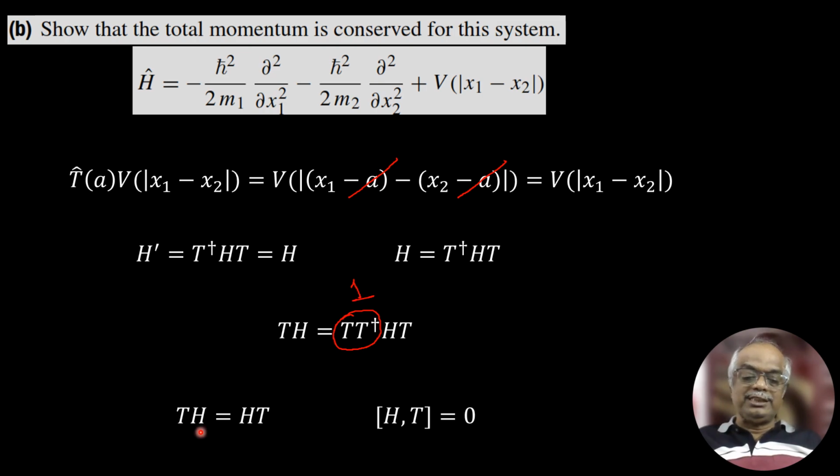So T H is equal to H T, which can be written as H T minus T H is equal to 0. That is, H and T commute, which is the commutator of H and T equal to 0. That is, the translational operator will not affect the Hamiltonian.